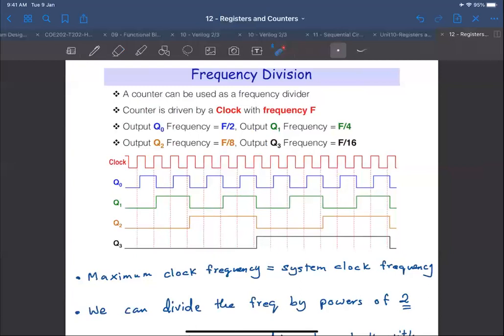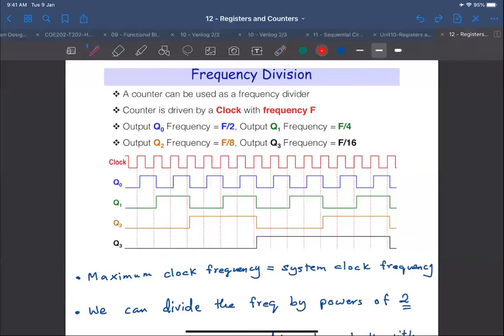If you see here, this is also a 4-bit counter now, and this is the clock. What is the period of the clock? The period of the clock can be from here, for example, all the way to here. Or I can take it to match it with Q0.